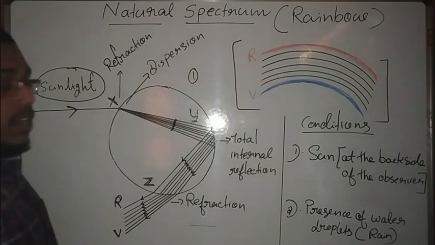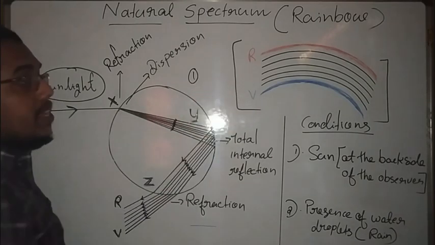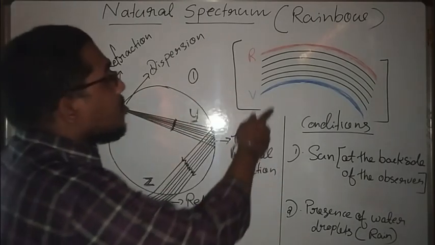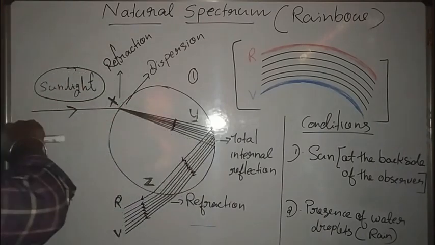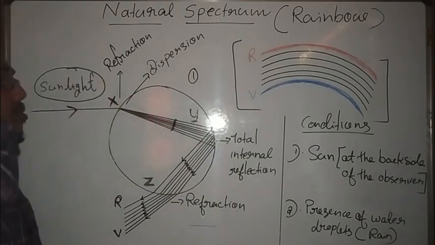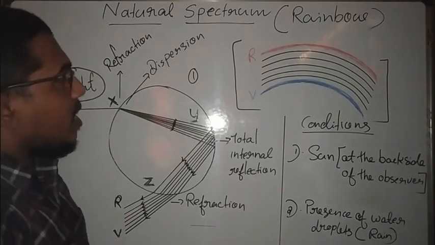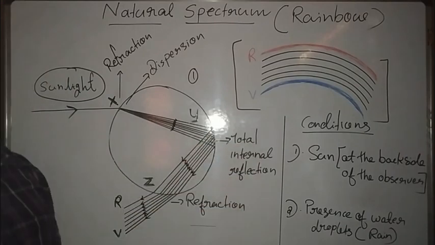Another important point is that a rainbow is always formed in a direction opposite to that of the sun. That is a very important point. So these are the simple ideas about the rainbow, the natural spectrum.